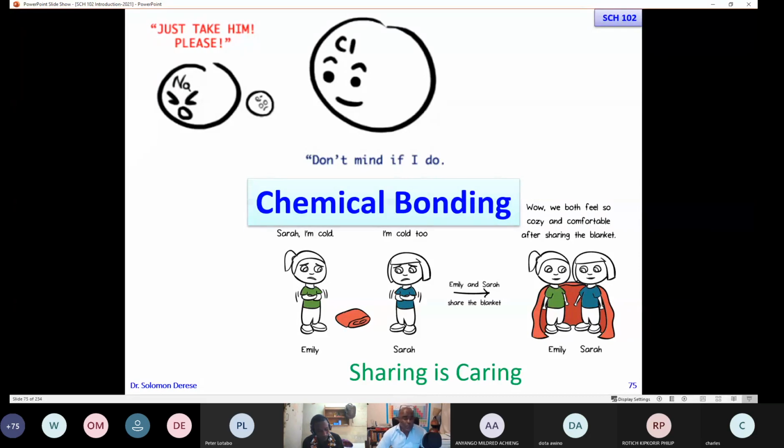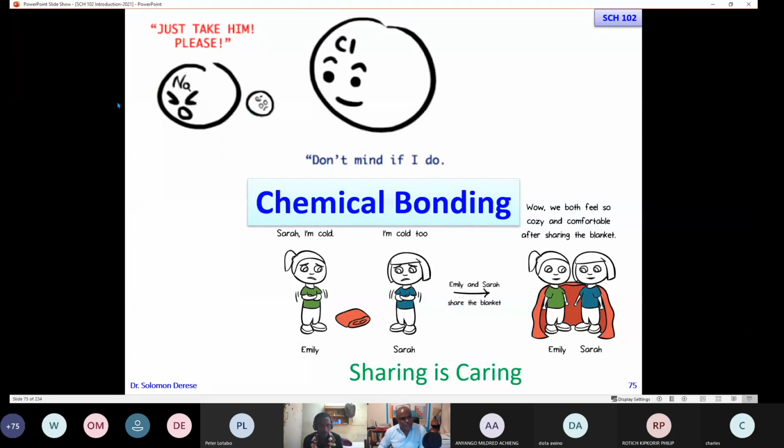So if sodium could lose this one electron by giving it to another element like chlorine, sodium will have the electron configuration of the corresponding noble gas, neon, 2, 8. As a result, sodium will easily give up this electron. For example, if you look at sodium and its valence electron, they are not even looking at each other.